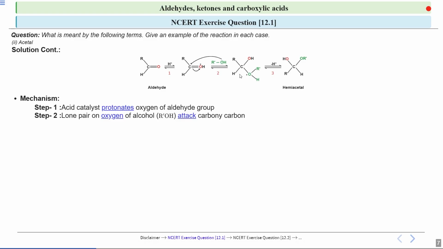This alcohol acts as a nucleophile in this step.